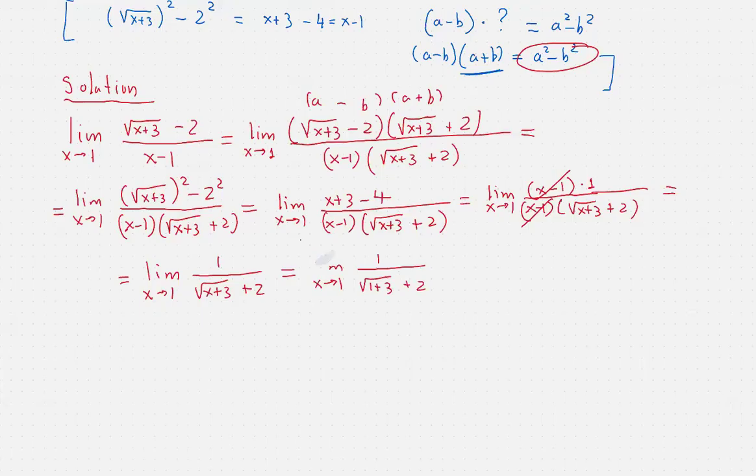And that will give us 1 over square root of 4 plus 2, which is the same thing as 1 over 2 plus 2, which is 1 over 4. So notice that we keep the limit notation all the way till the point that we plug in. Once we plug in, we should actually get rid of it.